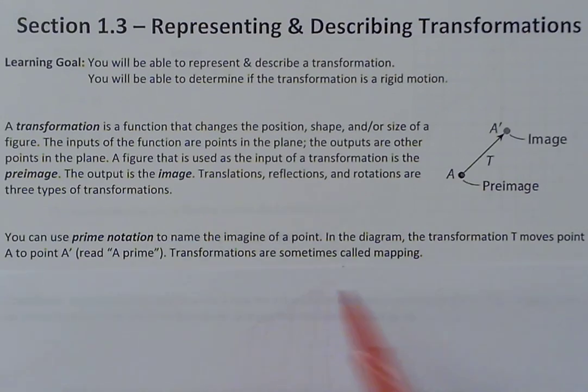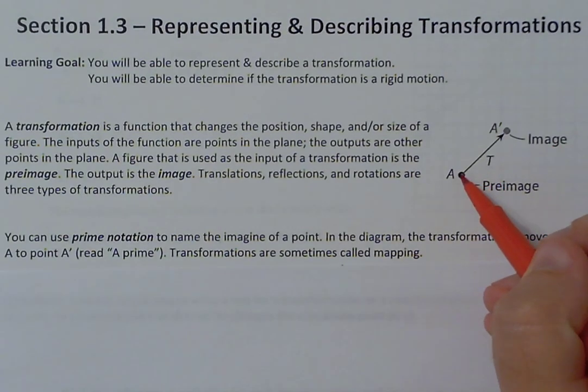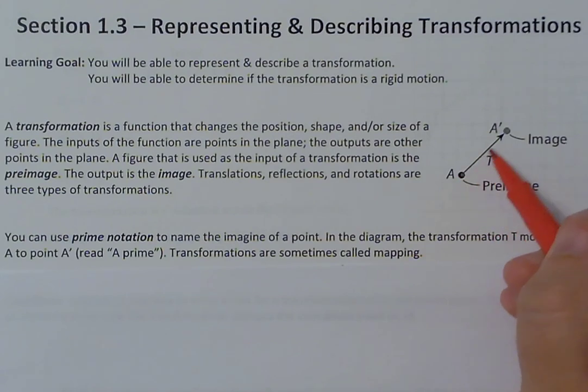Prime notation indicates the image of a point. So if the pre-image of A was here, it was translated along this vector to its image, and we're going to refer to that as A prime. A prime is just going to indicate that that point has been transformed to this spot.